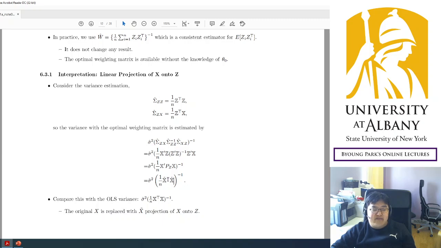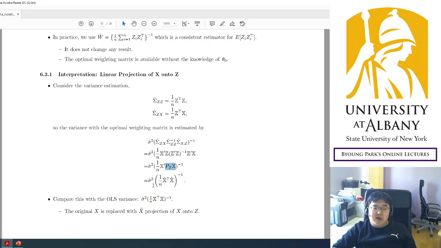So if you define x tilde as the projection of x onto z, so define this much as x tilde. And remember, the projection matrix is idempotent, so pz equals to pz times pz.